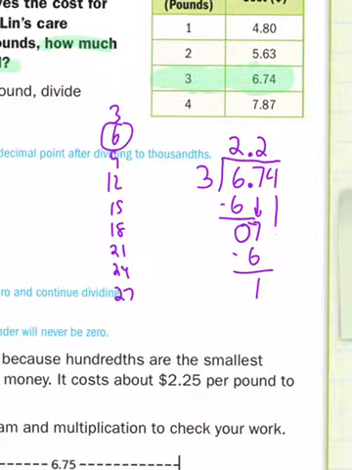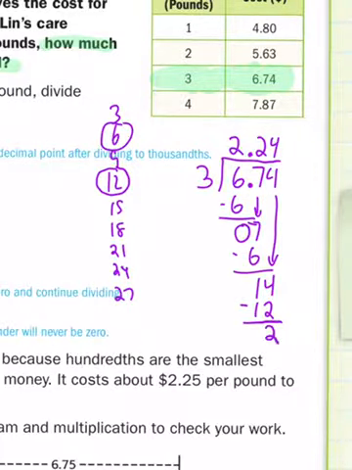Every time I subtract, I must bring something down. 3 goes into 14 4 times, which is 12. Every time I subtract, I must bring something down, so I'm going to add a 0 to bring down. And 3 goes into 20 6 times, which is 18.